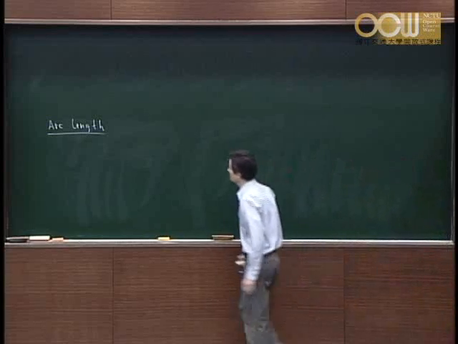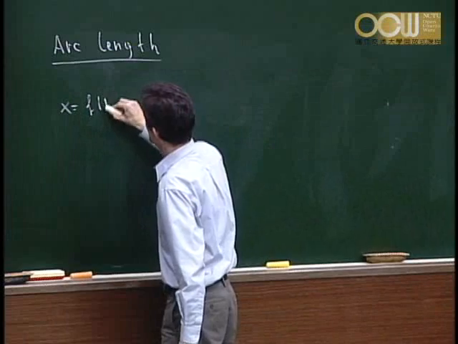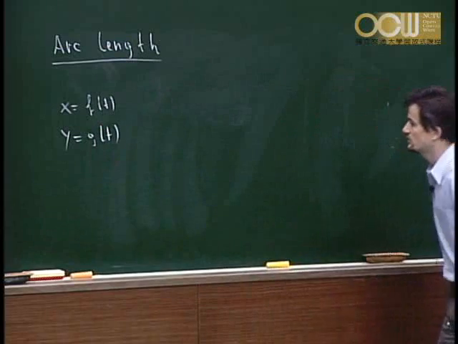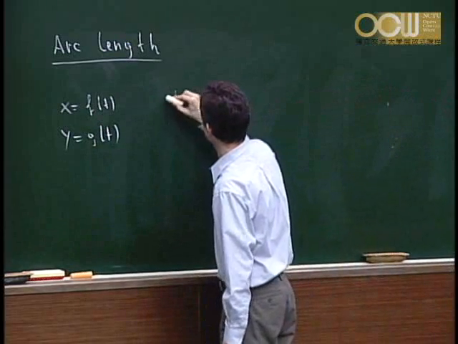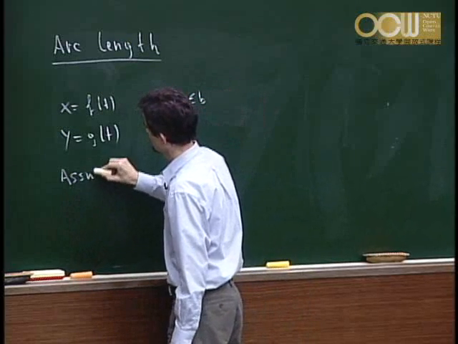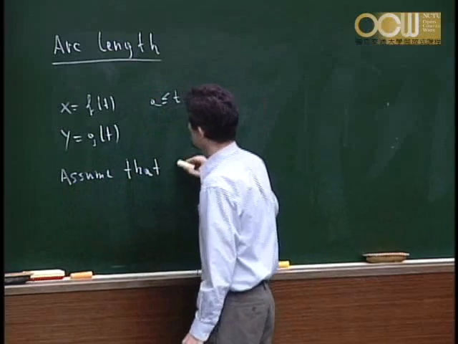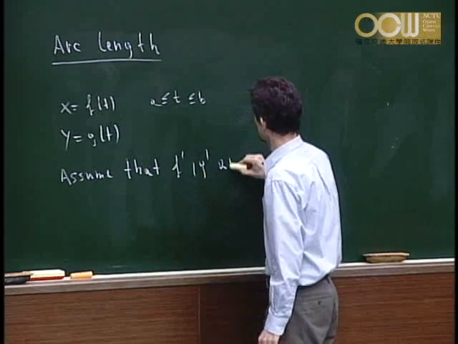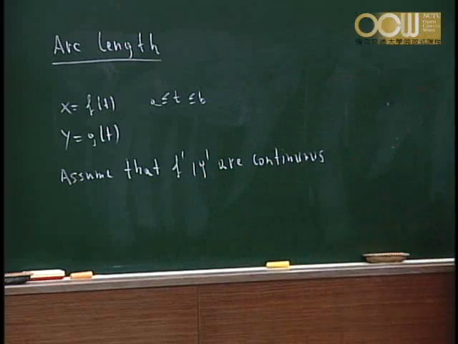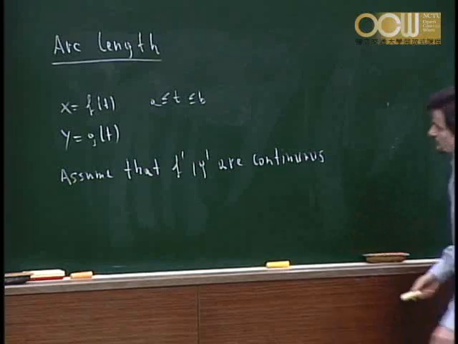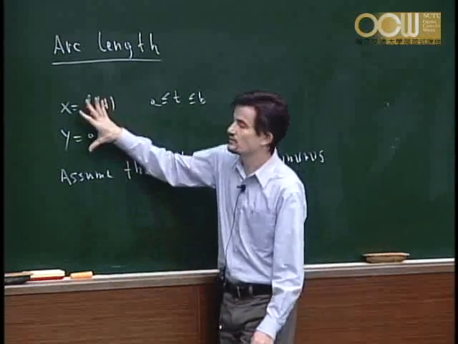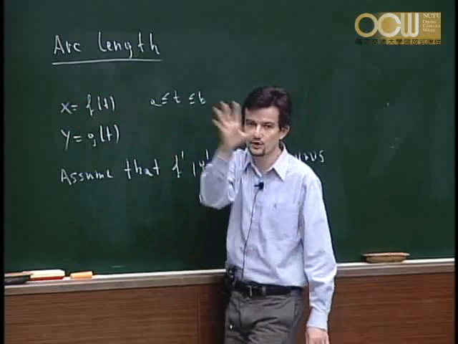So if we have a plane curve, where t goes from a to b, and assume that the derivatives are continuous, then you can think about these parametric equations as some curve in the plane.